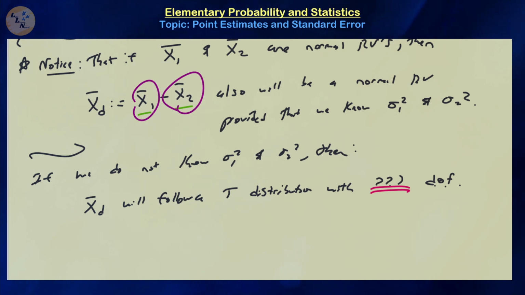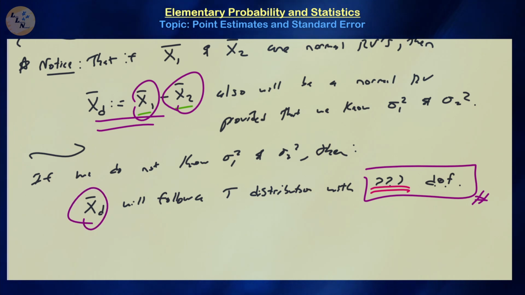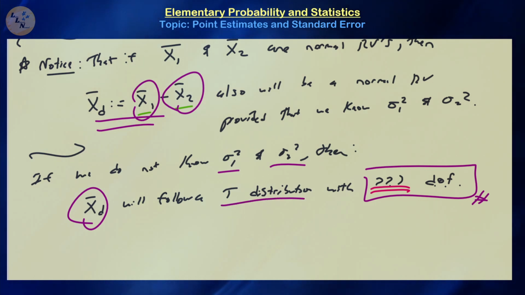Like, what do you do for the degrees of freedom? We'll revisit that particular topic later once we actually do hypothesis testing on differences between means. But for now, at least know that the difference between them, if you don't know what sigma 1 squared and sigma 2 squared are, the difference of means will follow a t distribution with some degrees of freedom, and we can figure out an approximation for that.